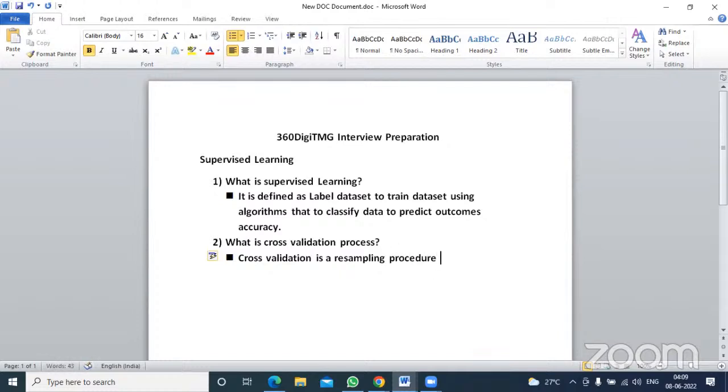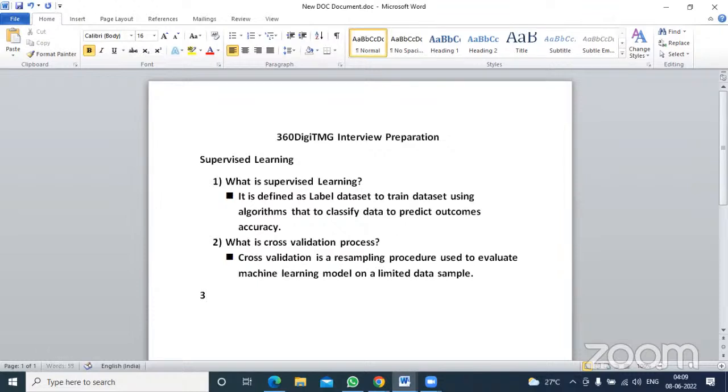Okay, and it is majorly used to evaluate a machine learning model on a limited data sample. Okay, this is the cross-validation process.